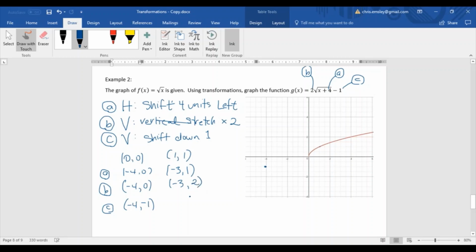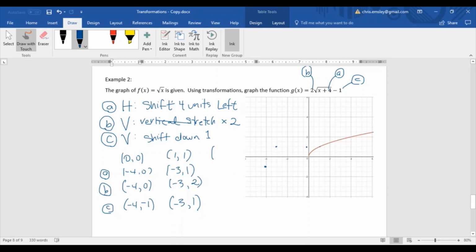And then the shift down by 1 unit means we're going to subtract 1 off the y value. And there's our new point, -3, +1. And then maybe just one more point, make sure I'm sketching exactly what I need it to be. Oops, sometimes that pen just kind of jumps around on me.